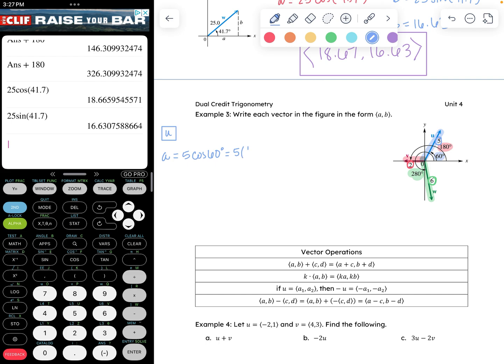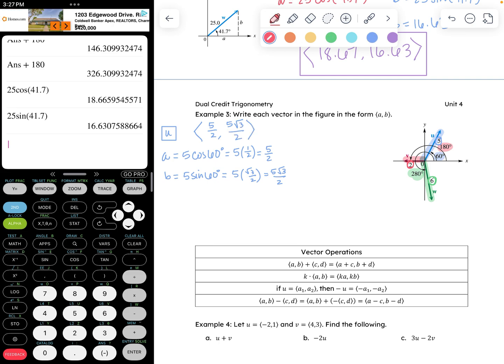The cosine of 60 degrees is 1/2, so that's going to give me 5/2. So for B, I'm going to have 5 times the sine of 60 degrees. The sine of 60 degrees is square root of 3 over 2, so I get 5 root 3 over 2. So for u, my ordered pair here would be 5/2 and then 5 root 3 over 2.